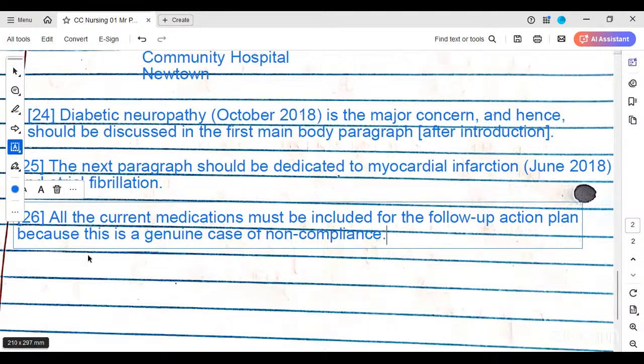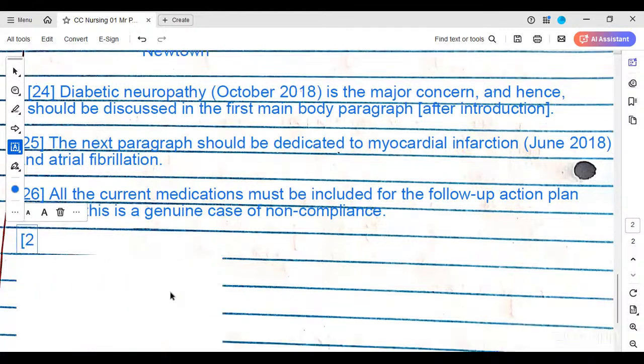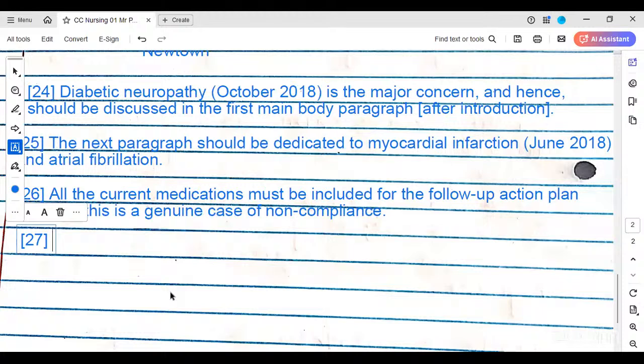And one more point, 27. Dietary recommendations: he's consuming high salt, a lot of high things, and some things which are not recommended.